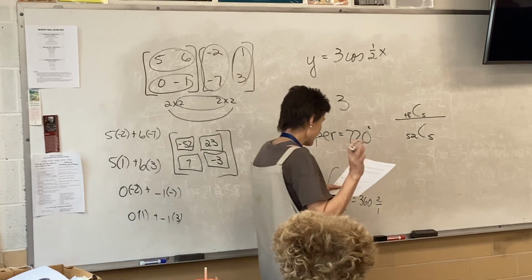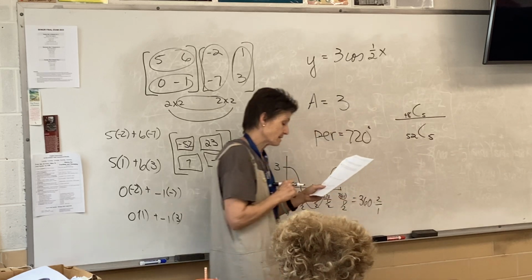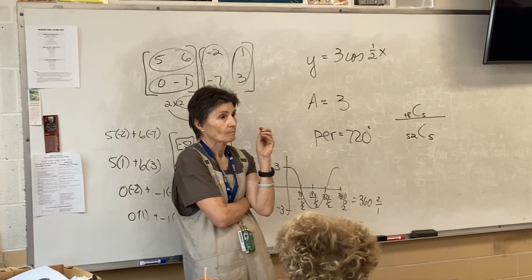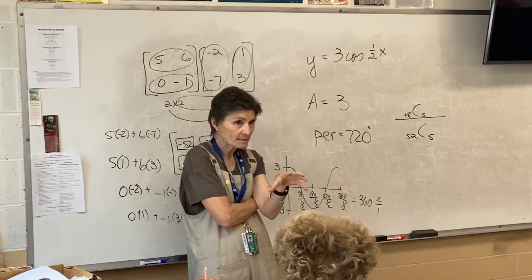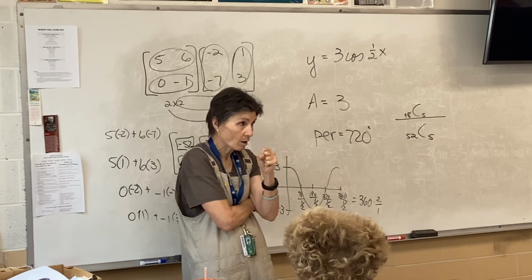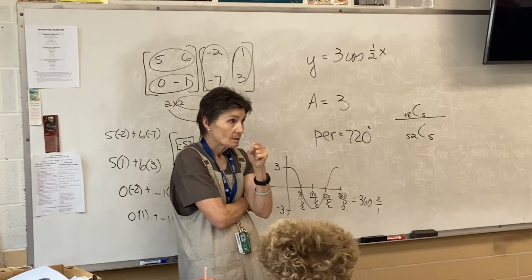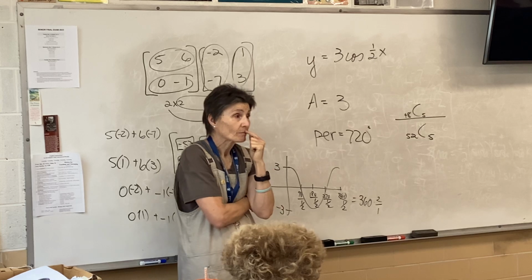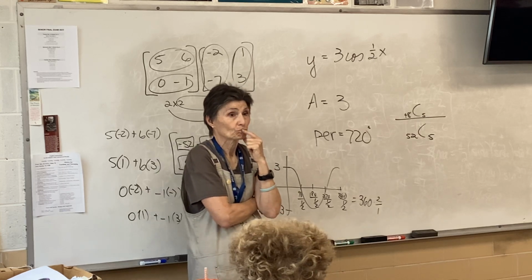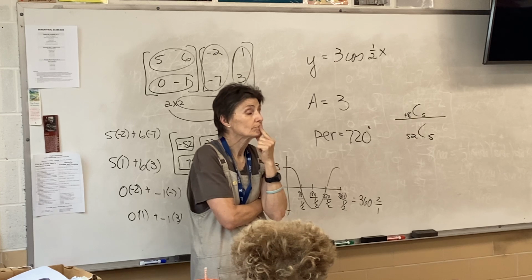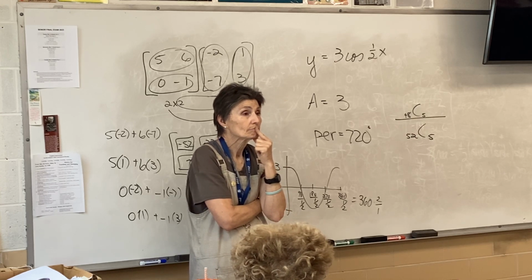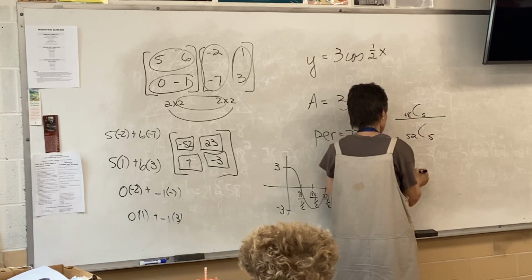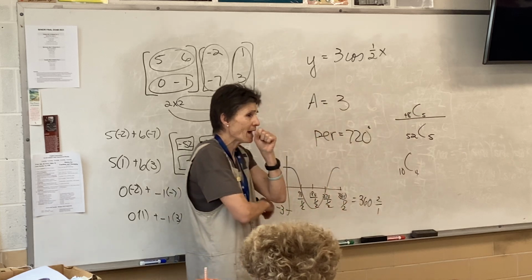In how many ways, this is 18, can I select a committee of 4 from my class of 10? So there's 10 kids, and I'm picking 4. Is it going to be 10P4 or 10C4? It has to be a C. If I'm picking a committee, guys, does the order matter?